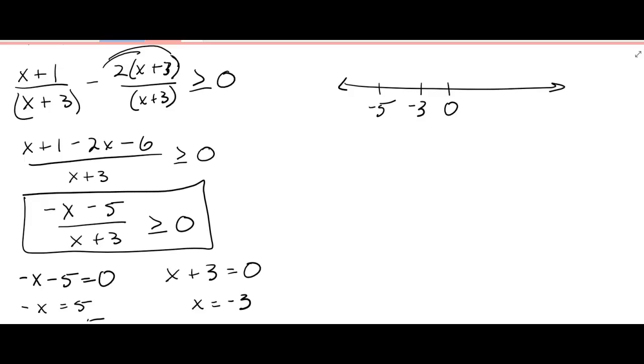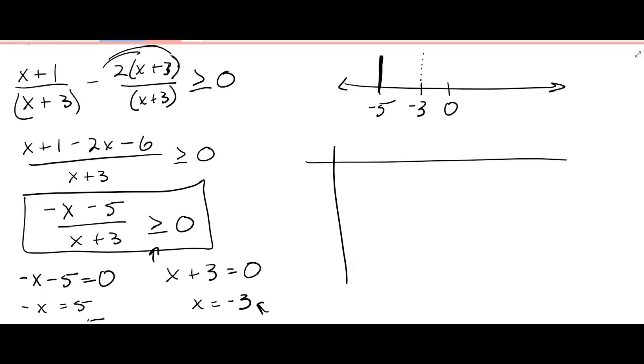Can the numerator equal 0? Yeah, and we want to know when it equals 0. And that's right at negative 5. So we're going to actually include the negative 5. That'll be a solid line. But the denominator, when x is negative 3, that can't be 0. So we're not going to include that. So we actually get one solid line and one dotted line. That's kind of different. Okay.